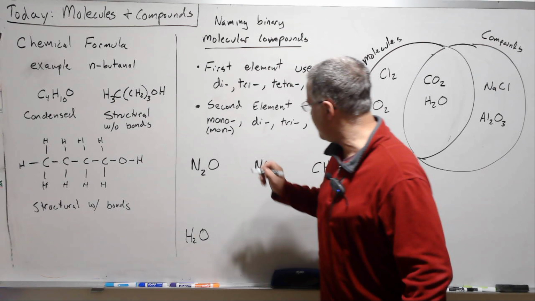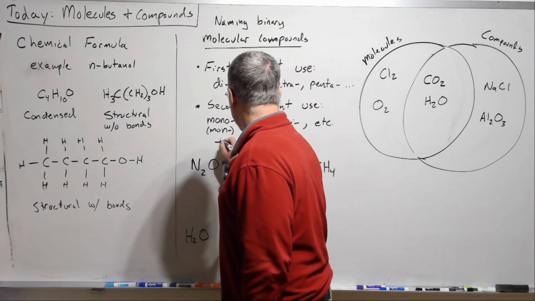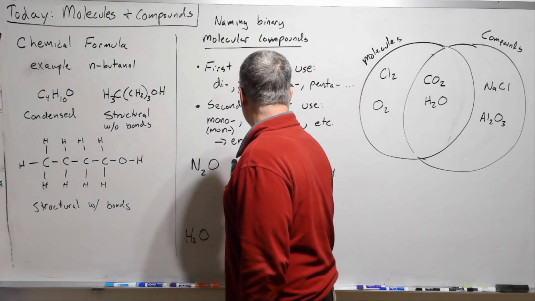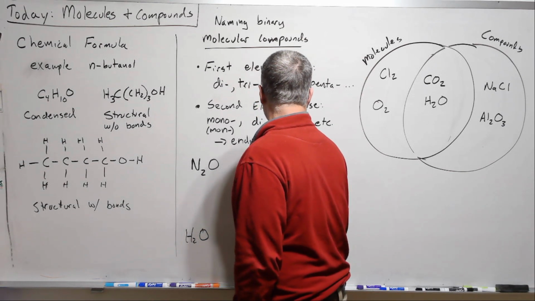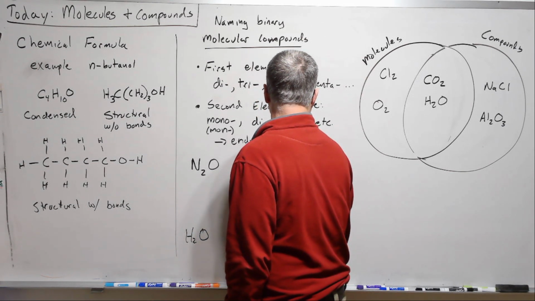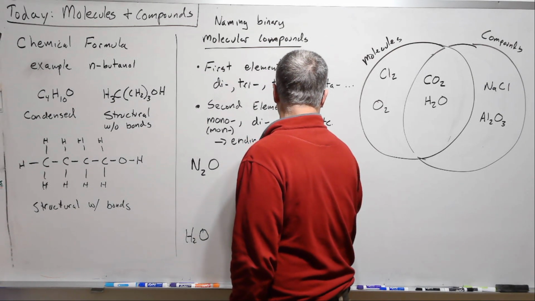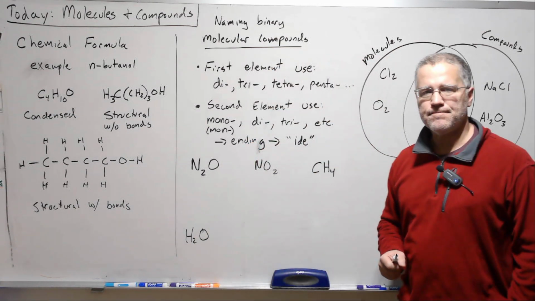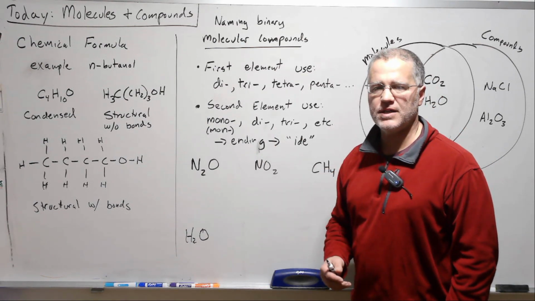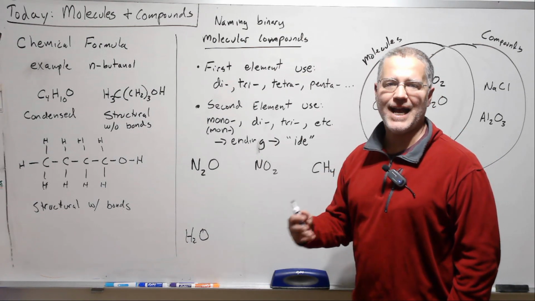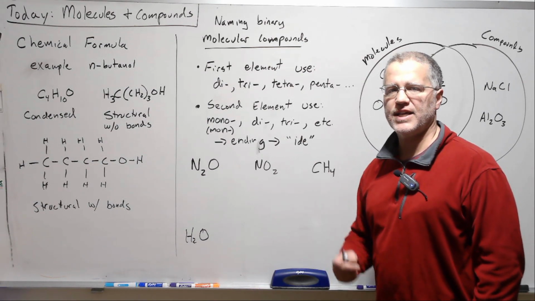And I have a little omission here too. Then we change the ending to IDE. So if the second element is oxygen, we would say oxide, or chlorine, we would say chloride.